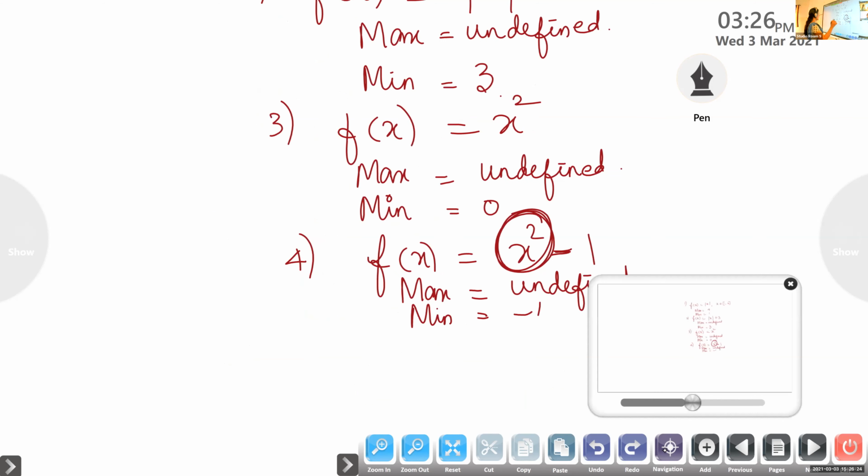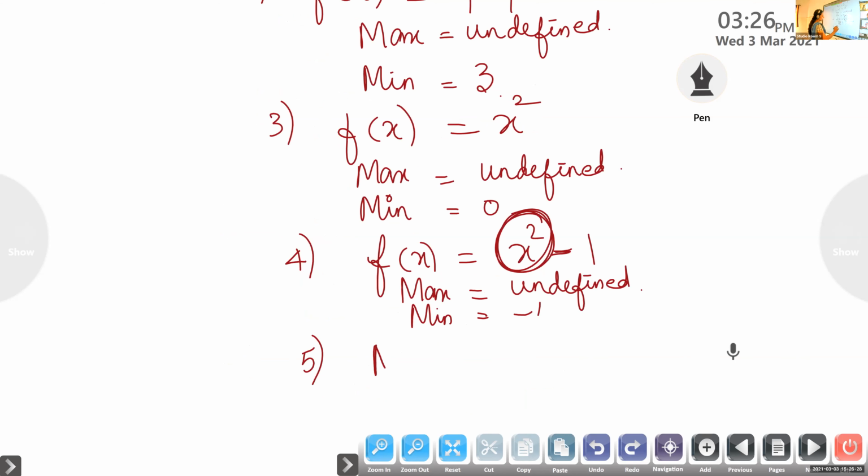Now, Anila Mohanan. Suppose the function is f of x is equal to x plus 1 in the closed interval 1 to 5.